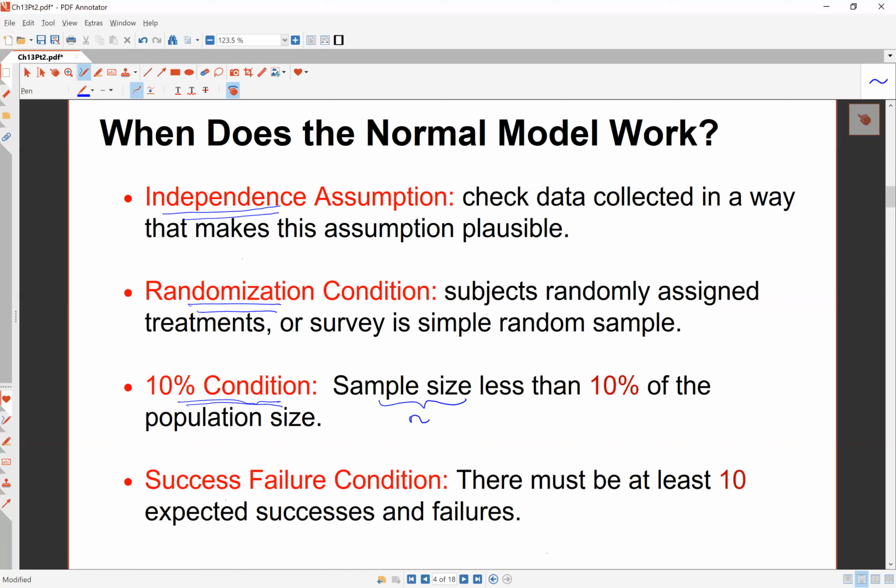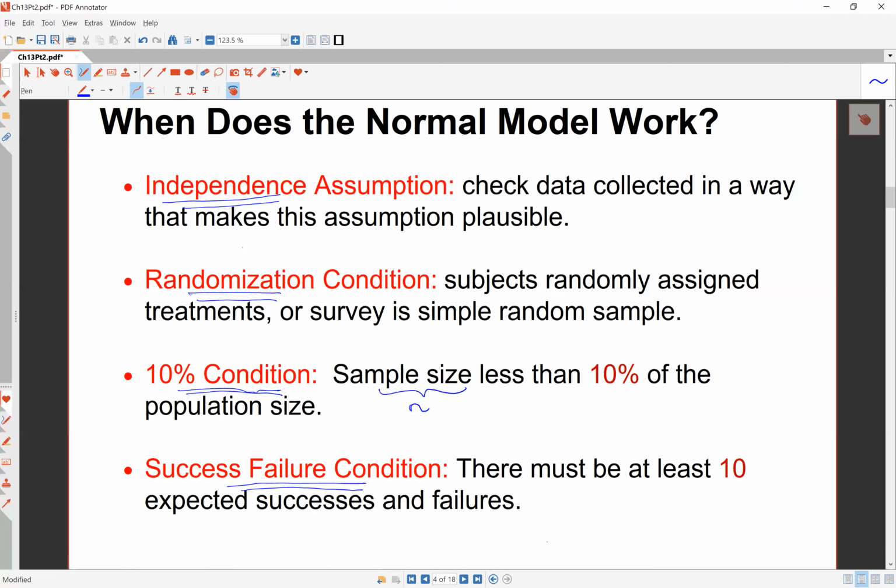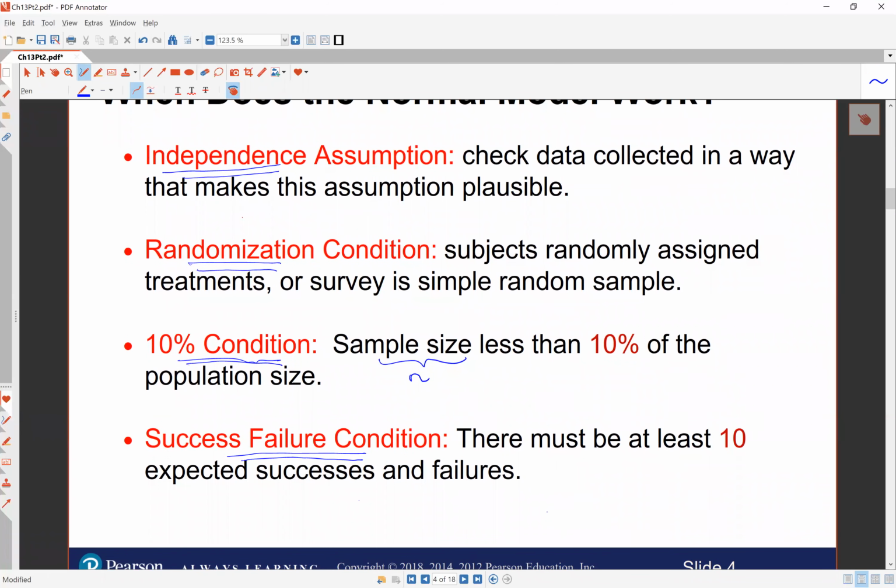And lastly, we have what we call the success-failure condition. And that means in the success group, we need at least 10 people, and in the failure group, we need at least 10 people. Now, remember here that we have defined previously p hat to be our sample proportion. So one mathematical check that you can do to see if the success-failure condition holds is you can do the multiplication sample size n times p hat, the sample proportion.